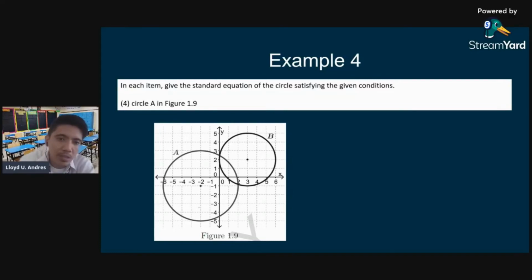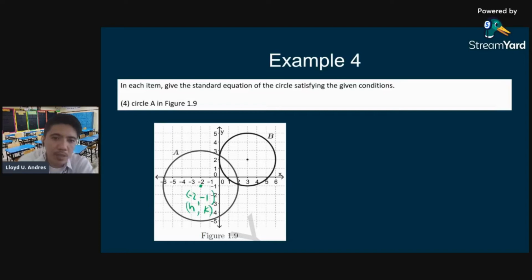So that is circle A. The center has coordinates negative 2 and negative 1. So based on this, we can say that our h is negative 2 and our k is negative 1. To determine the radius, you simply need to count the number of units from the center to the circle.